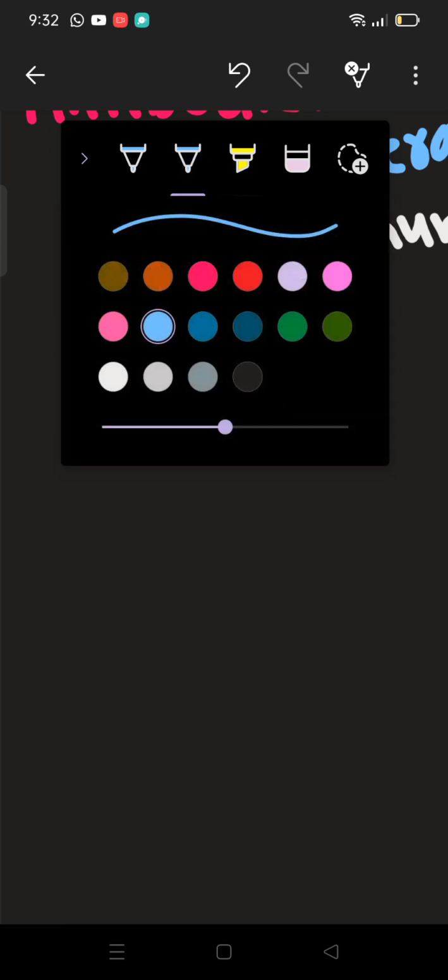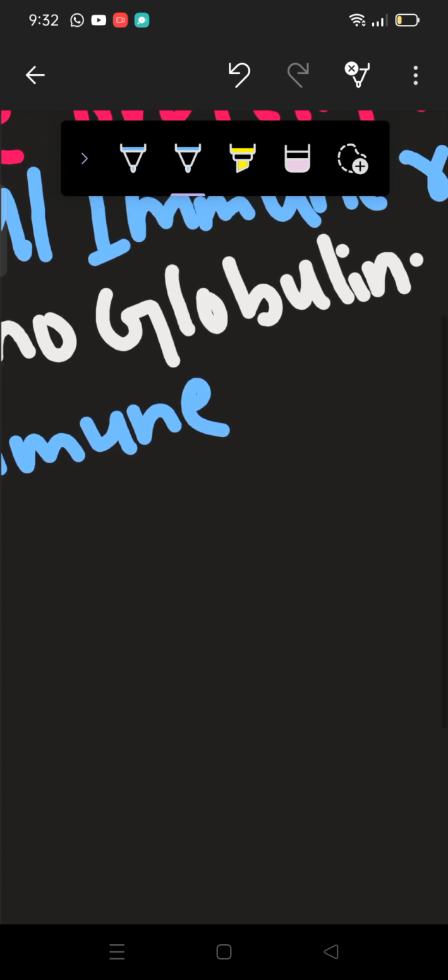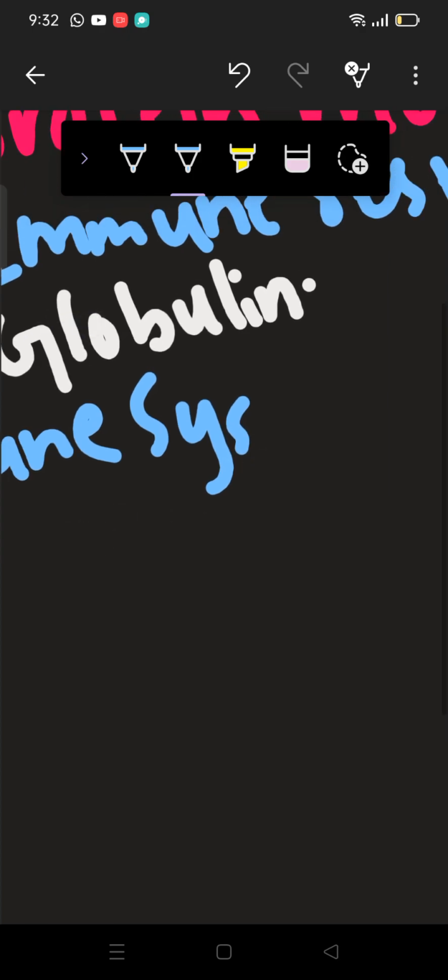Initially when an antigen comes, wait, let me write here with another color. When an antigen comes, it triggers our immune system.